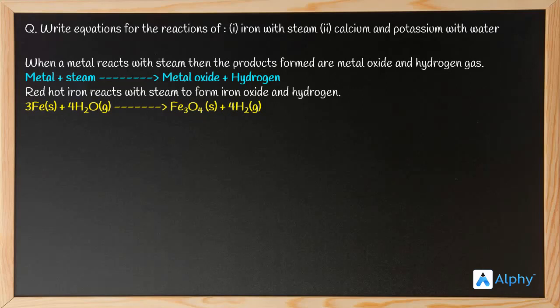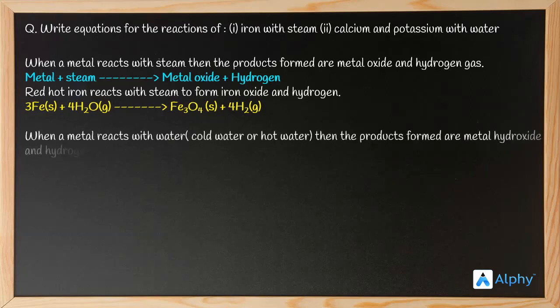But before that, do you recall how these metals react with water? Do you recall the generalized reaction or any remarkable thing about these reactions? When a metal reacts with water, cold or hot, the products formed are metal hydroxide and hydrogen gas. This is the point where you differentiate the reaction of a metal with steam and the reaction of a metal with water.